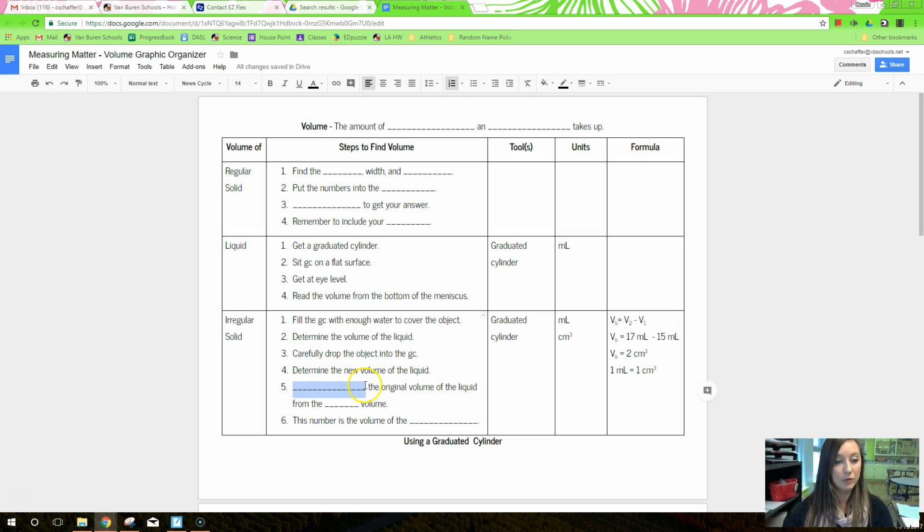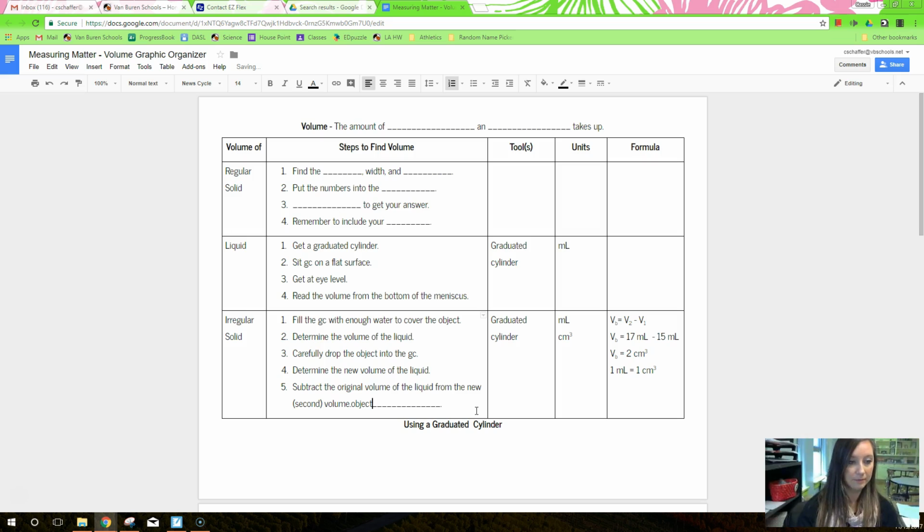Then I want to subtract the original volume of the liquid, that was my V1, from the new volume, the second volume, that was my V2. So this number is the volume of the object.